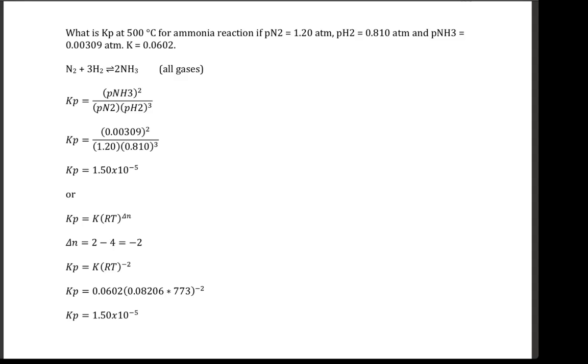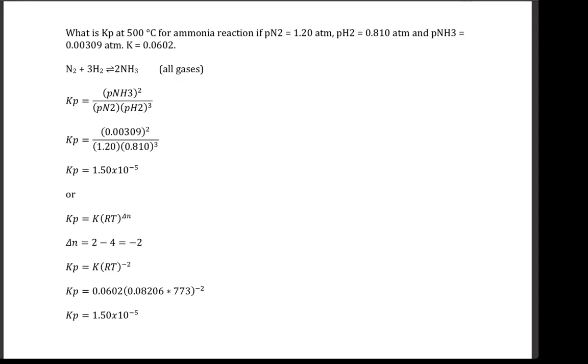We also could have found Kp from our expression Kp equals K times RT to the delta N, because we're given K in our problem. So we could have found it this way.